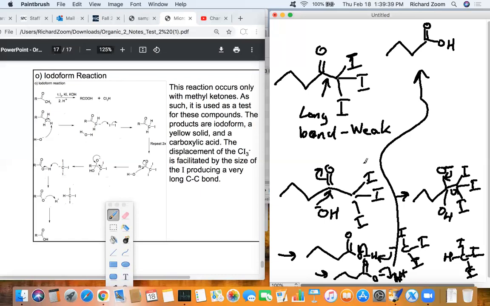If it forms a kind of yellowish liquid, then it's not a methyl ketone, it's some other kind of ketone. So that's what the iodoform reaction does, but its main purpose here is to form a carboxylic acid.